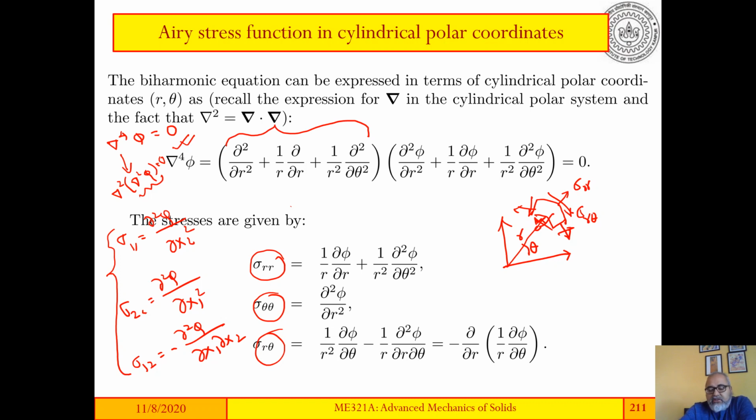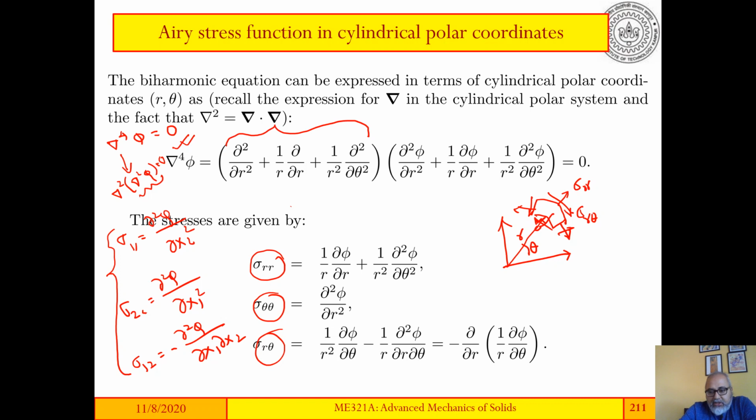In the Cartesian system, what we tried at the beginning was a series solution. We called that a brute force solution, where we broke up phi into a big series containing different powers of x1 and x2.